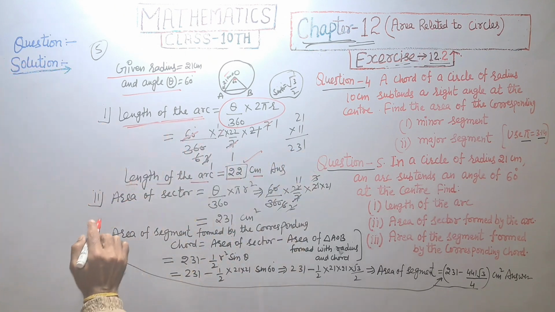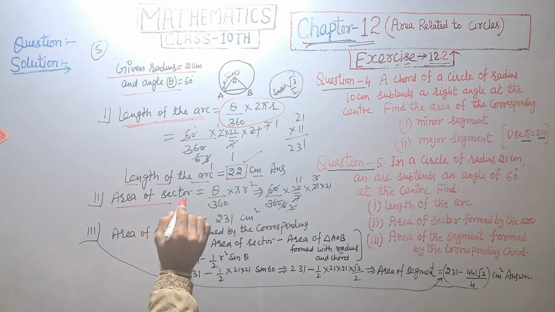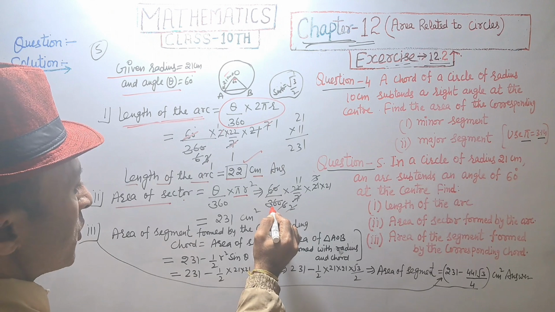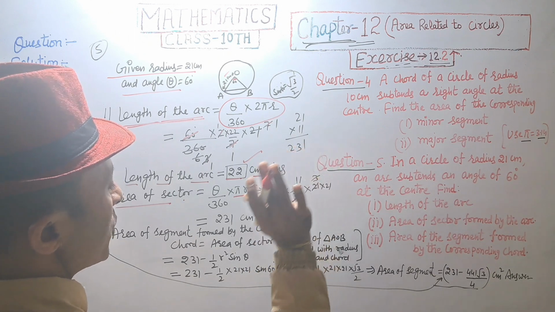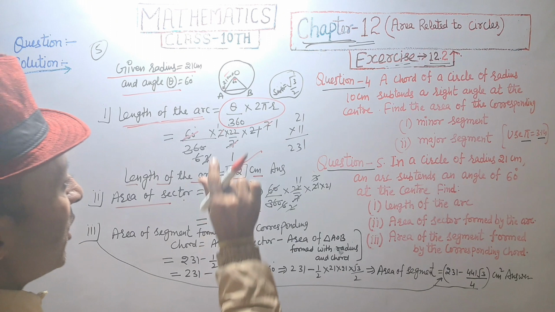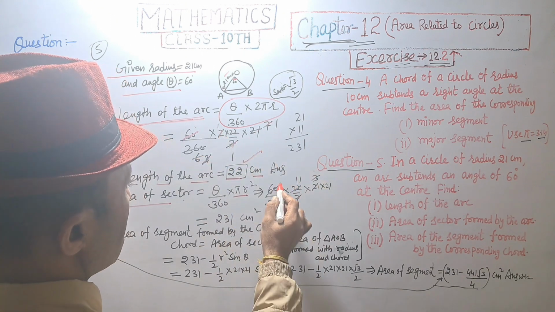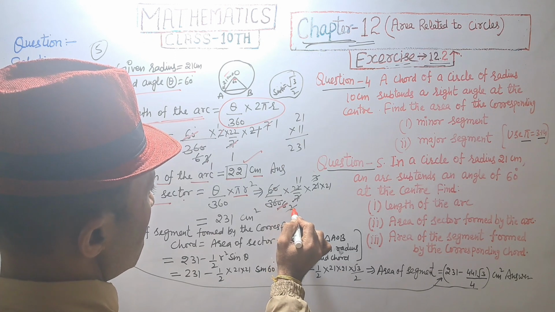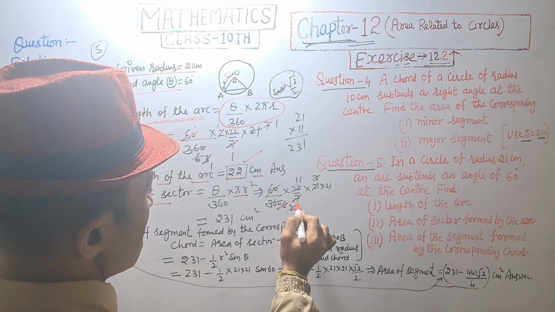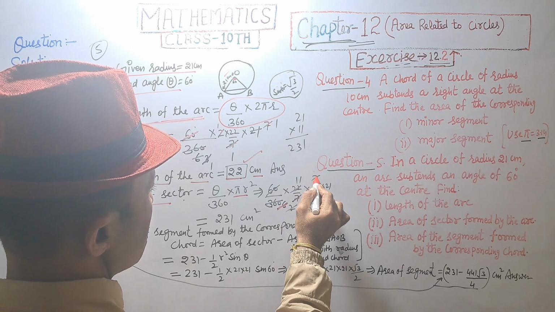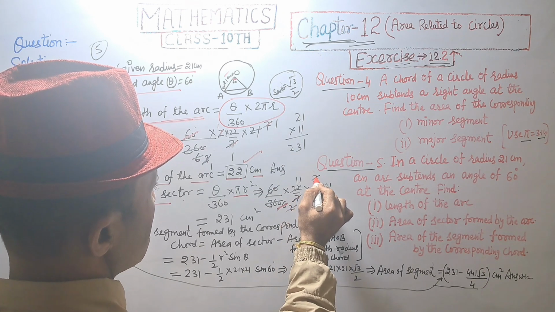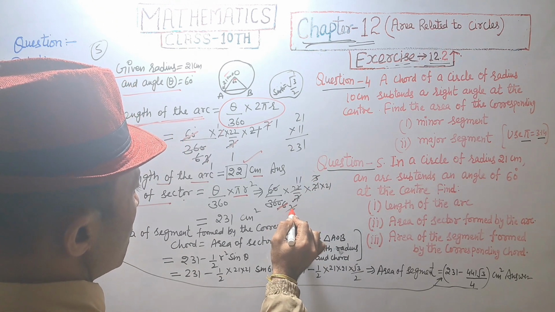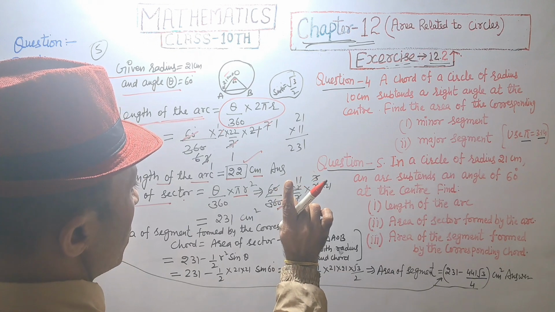Answer, first part. And second, area of sector, that is theta upon 360 into pi r square. Angle theta is 60 upon 360 into 22 upon 7 into 21 into 21, because we have radius 21 centimeter. 6 6s are 360, 7 1s are 7, 7 3s are 21, 3 1s are 3, 3 2s are 6, 2 1s are 2, 11 2s are 22.